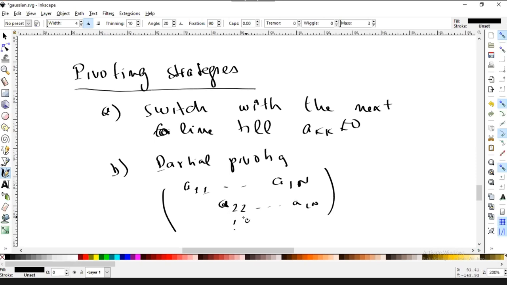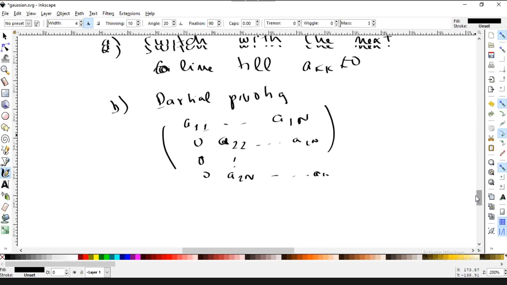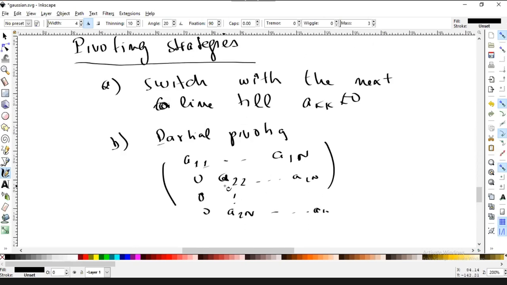Okay, so let's say at the second step, here we have zeros, and then here we have a to n. So we want to divide with this value. One of the methods is to search for the line that has the maximum AKK, and to switch, to order the lines according to the maximum of the AKK.